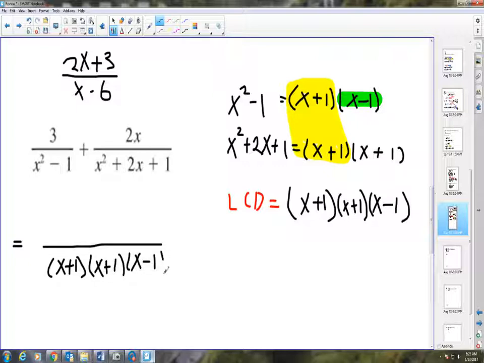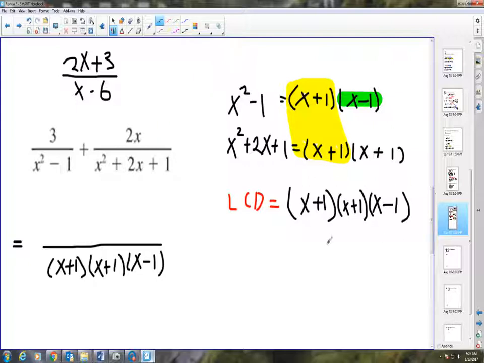Alright, so most of the time here we will say x squared minus 1 will go into your LCD so many times. Alright, that's kind of hard to do, so I'm gonna say it a little bit differently. What does the LCD have?